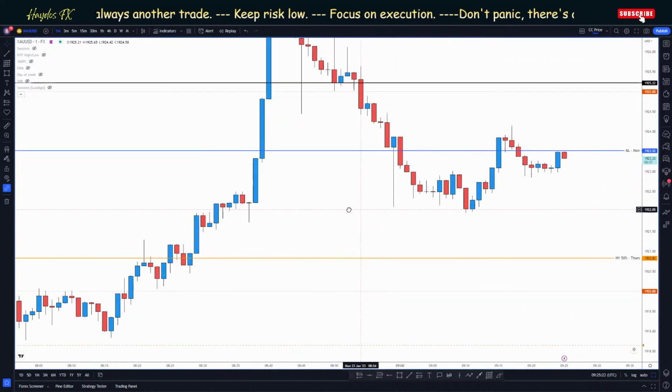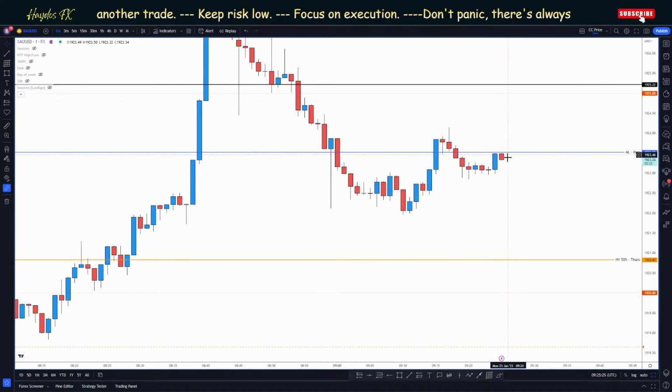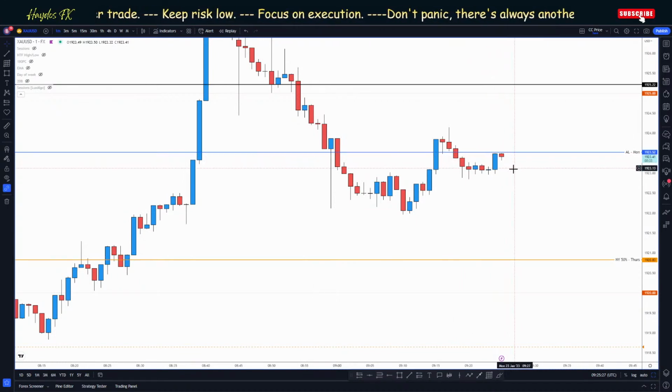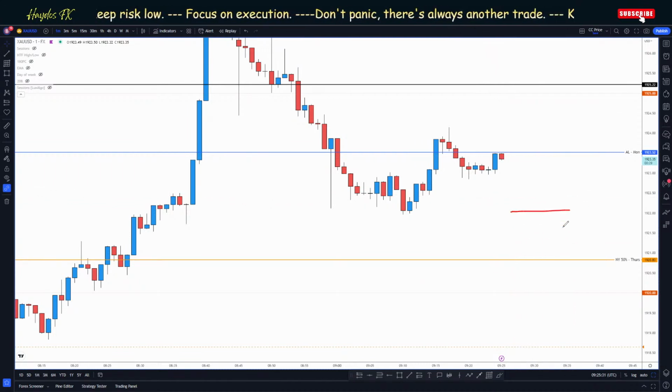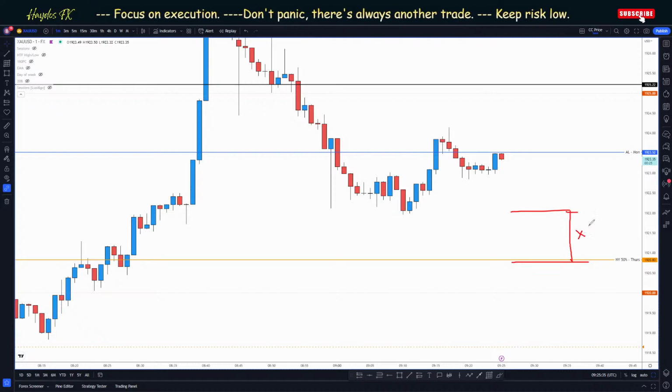But if I'm seeing healthy movement, and I've got an area and it's drifting down to that area, with a little bit of space, I'm not sure what that space is going to be in terms of pips, but if you see something in the last minute rip down through that space, have to do some work to get to your level of interest, and then see an immediate reaction, that's a good sign.